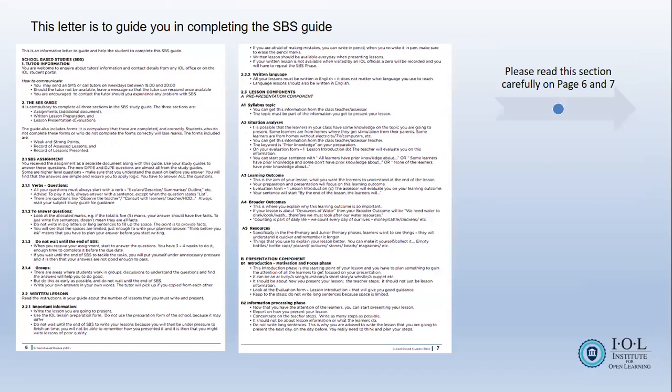Next, we will see on page 6 and 7, there is a letter. This letter is in your study guide on page 6 and 7. Now, I urge you to take time and read this letter line by line. I don't have the time in this presentation because we need to finish it within 1 hour, and we cannot sit and read this letter now. This is your homework. You must read the letter.